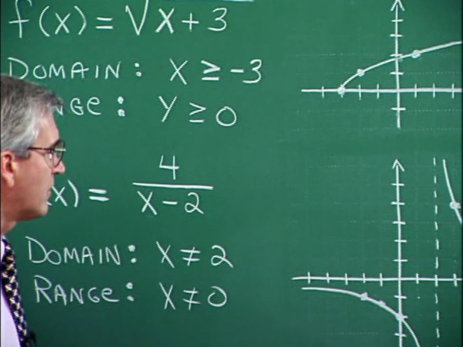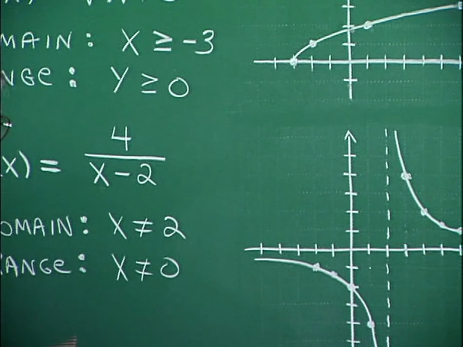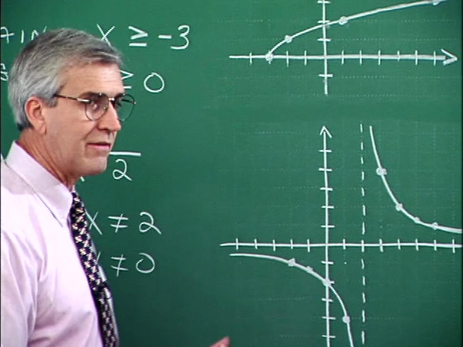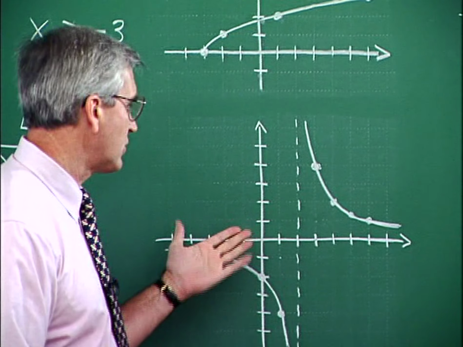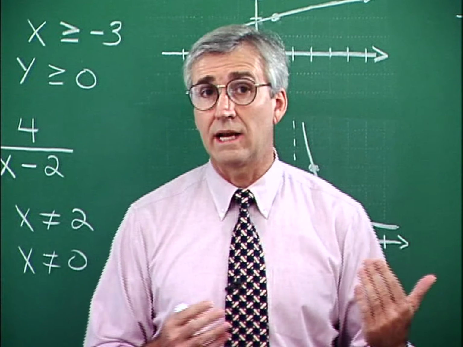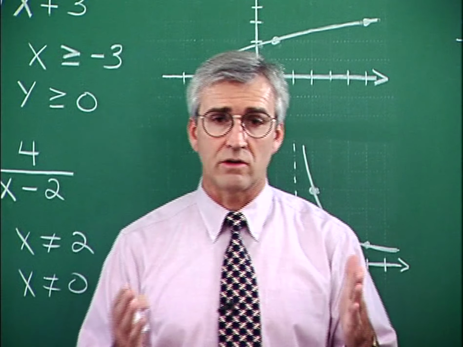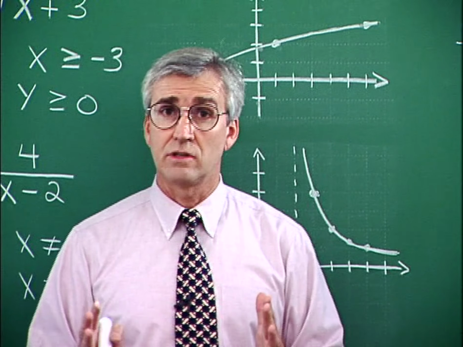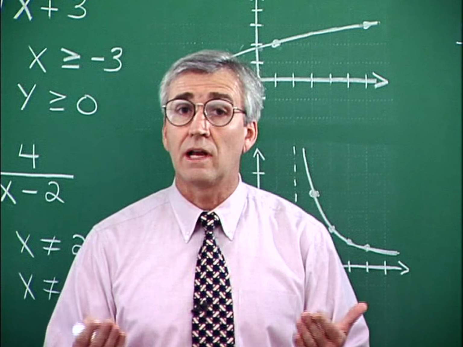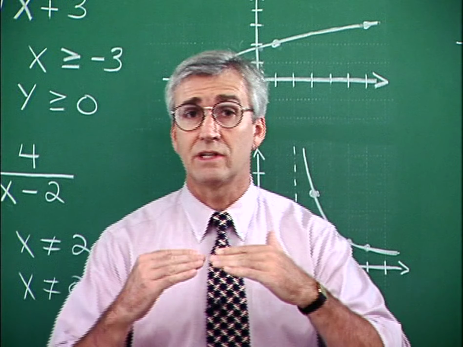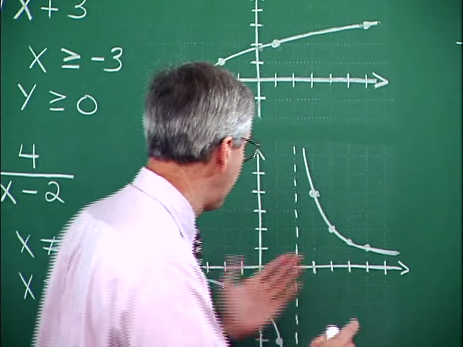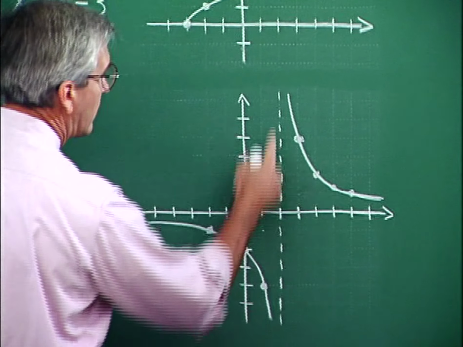The graph is especially interesting in this kind of problem. It has a lot of character. Rational functions, remember from your work in algebra, are often characterized by having asymptotes involved. And there's a vertical asymptote at the place that causes the denominator to become 0. So we have a vertical asymptote at x equals 2.